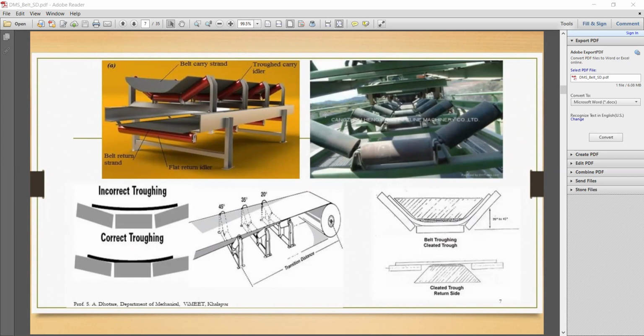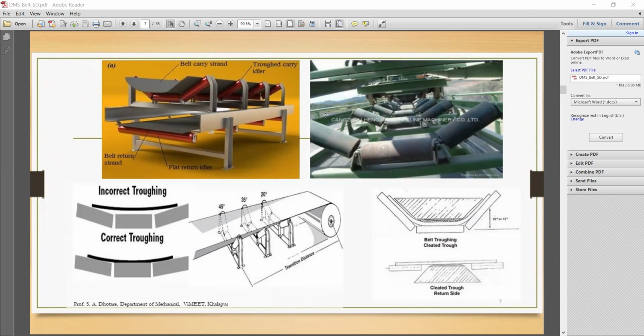It cannot be operated over long distances, so you have to design such a conveyor system for shorter distances only. It requires high power for operation: as we are using a number of rollers, there is huge friction, and because of that it requires high power motors.